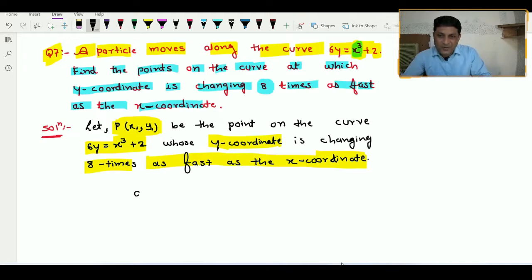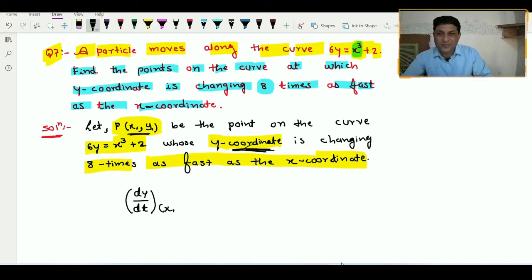So that y coordinate is changing, means change in y coordinate with respect to time. We are able to denote it by dy by dt, because derivative is nothing but what? Change of one quantity with respect to another quantity. Here it is given to us that y coordinate is changing. So change in y coordinate at which point? Our required point we have denoted by x1, y1.